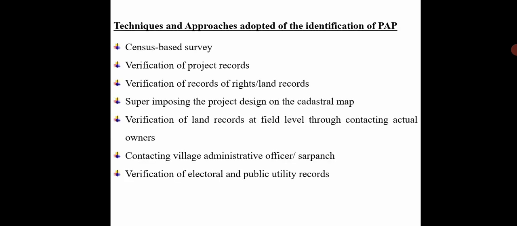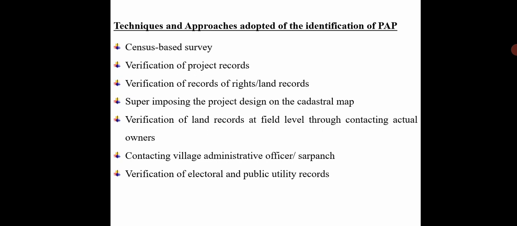Let us see the techniques and approaches adopted for the identification of project affected persons. Census based survey, verification of project records, verification of records of rights and land records, superimposing the project design on the cadastral map.